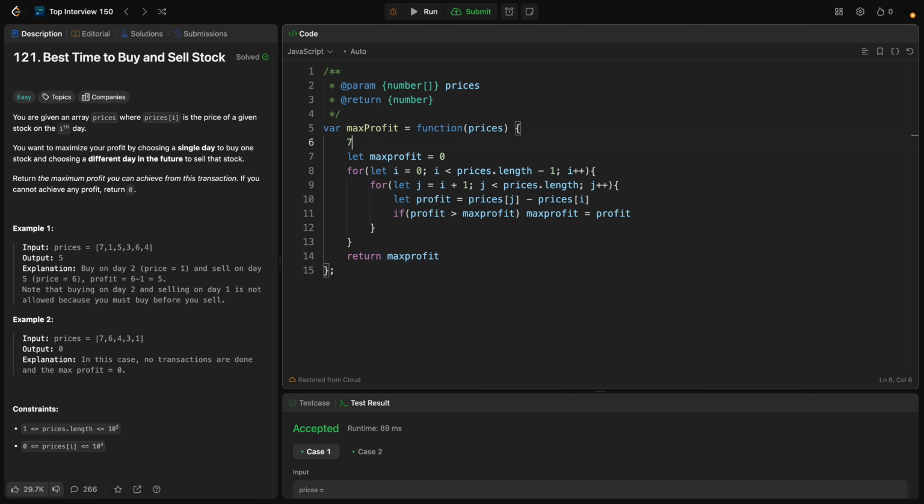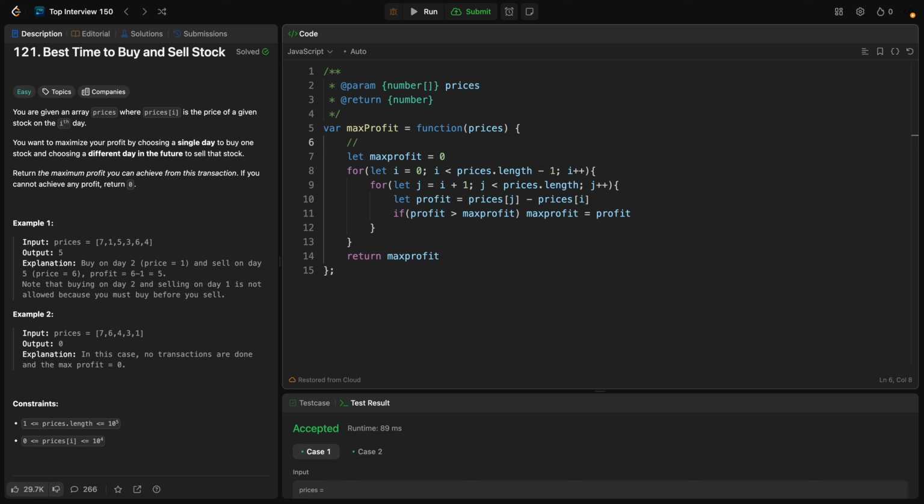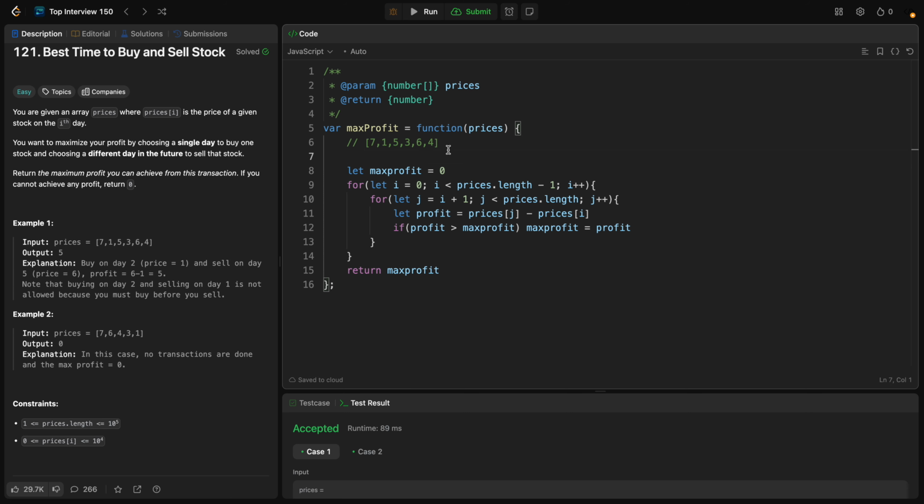So let's see that we have this one as an example, and the max profit will remain 0. I will try to skip I. Let's assume we have this array, like this is our array right now.